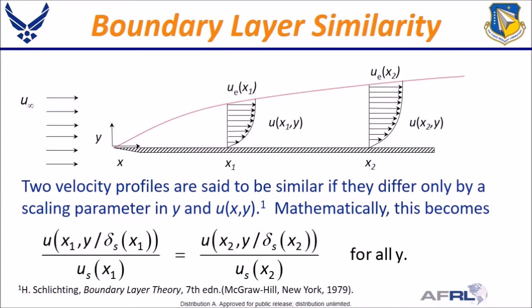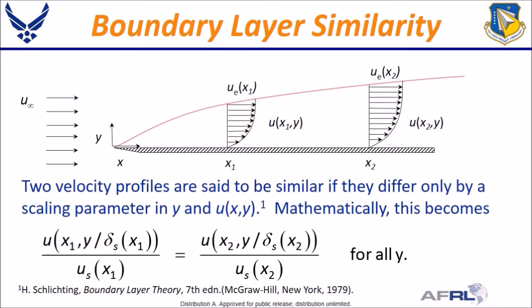It then slowly increases to the asymptotic flow value u sub e. The point the velocity recovers to u sub e is the boundary layer thickness, shown here as the red line. That thickness will increase along the plate since more and more slow-moving fluid piles up.